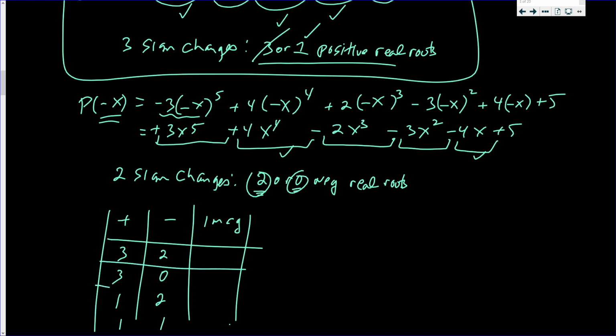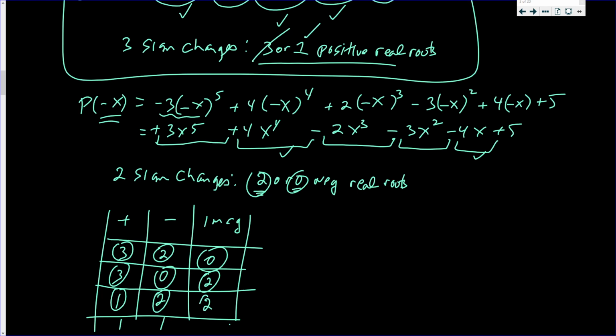These are the 4 possibilities, and since the polynomial was of degree 5, these 3 numbers should add up to 5, meaning the third one is 0. These 3 numbers should add up to 5, meaning the last one is 2. 1 plus 2 is 3.